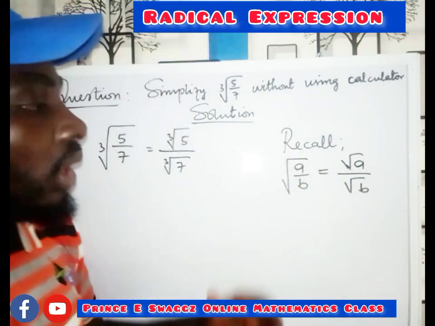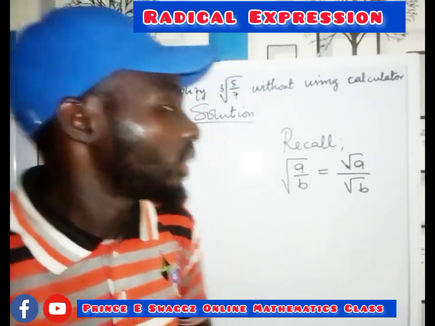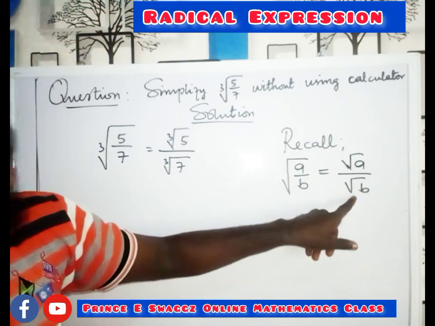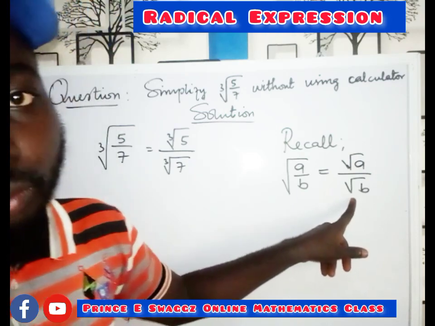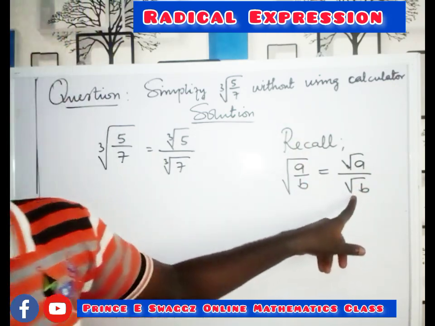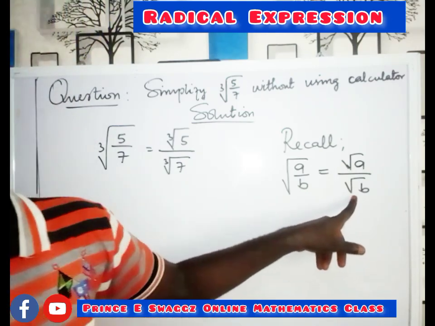Now, another thing in surds is that it is a taboo for us to have our denominator be a radical expression. Anytime you have a fraction in surds, the denominator must not be a radical expression. Our denominator must always be a rational number.